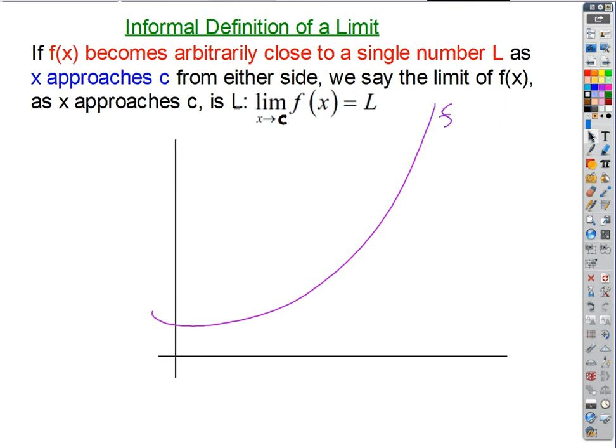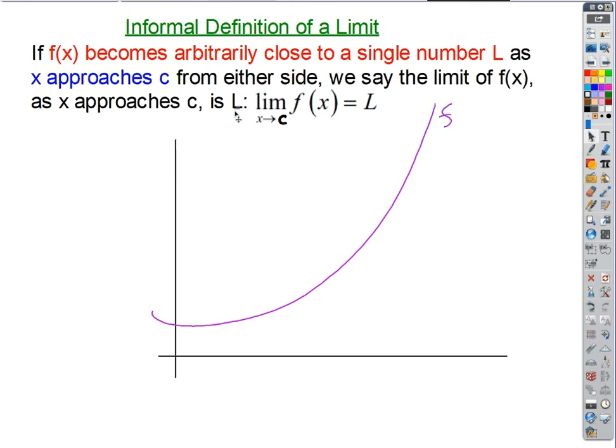And normally that would be a number and that would be a number, and that's some function. Really, if we want to be a little more precise about it, even our informal definition gets a little bit more rigorous. We'd say if f of x becomes arbitrarily close to a single number L as x approaches c from either side, then we say that the limit of f of x as x approaches c is L.